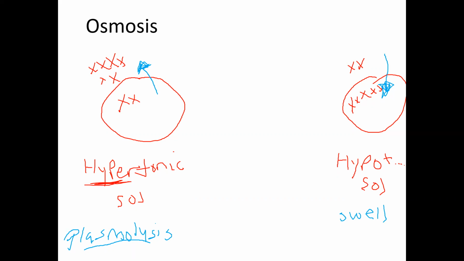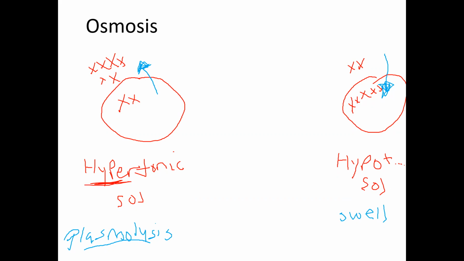The bacterial cell, we say that they will swell because water is rushing into the cell, okay? So again, compared to the outside solution, there's more stuff inside the cell, there's less in the solution. So when there's less solute in the solution, we say it is a hypotonic solution.